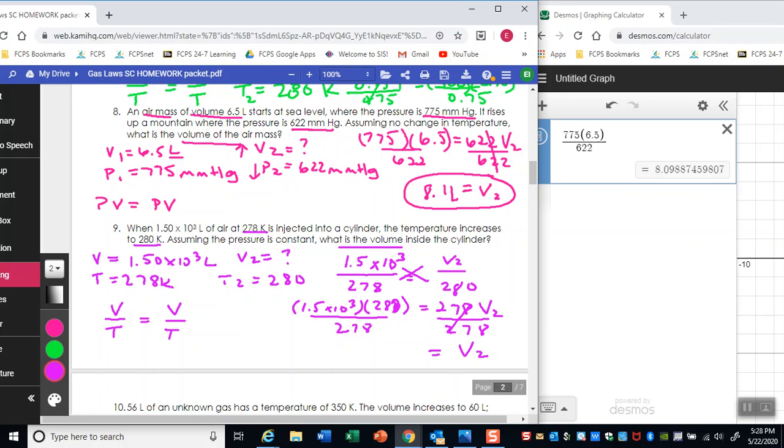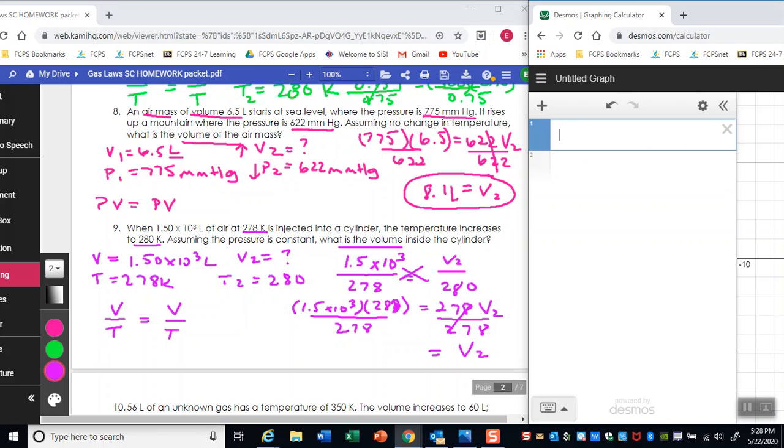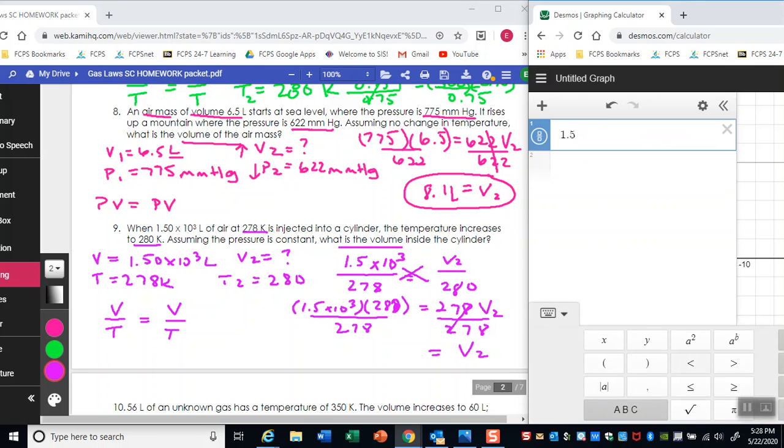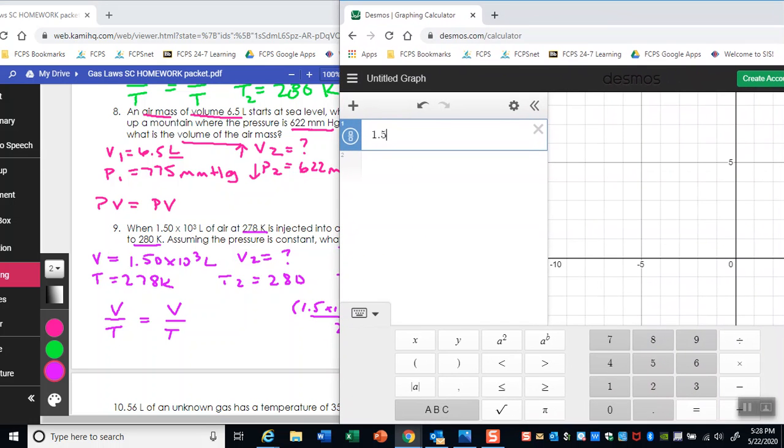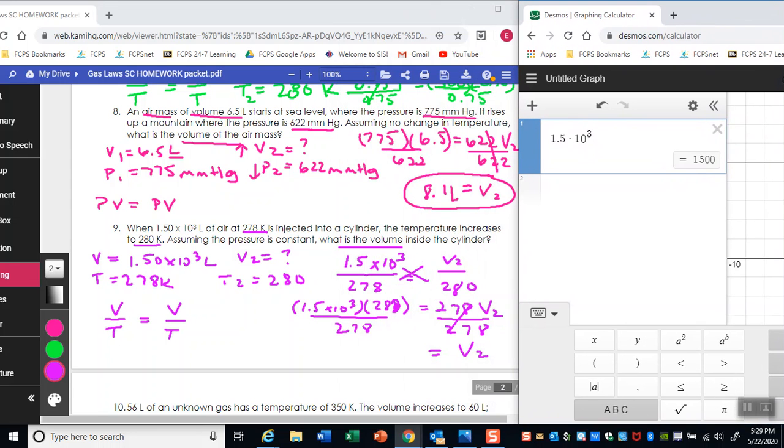So my new volume equals 1.5 times 10 to the third times 280.